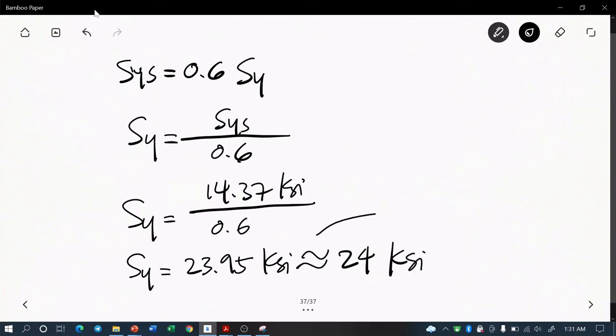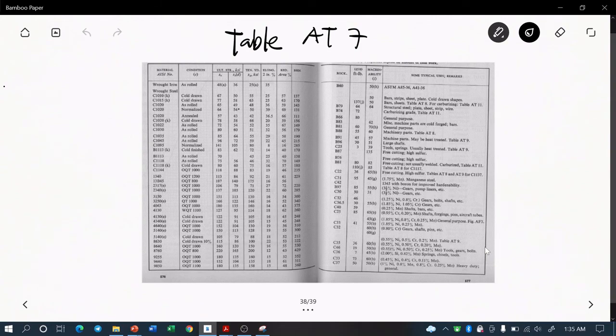Now we are going to look up in the properties of different engineering materials, particularly steel, which has greater than or equal to 24 KSI of yield strength. We have various tables in the appendix of our reference textbook. Two of these tables showing the properties of steel are table 87 and table 88.